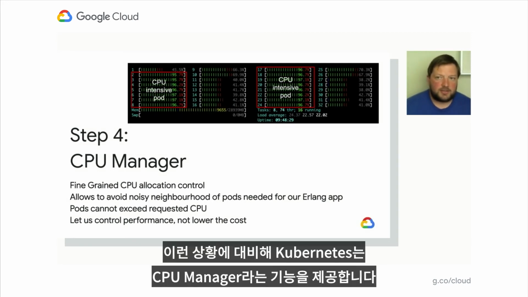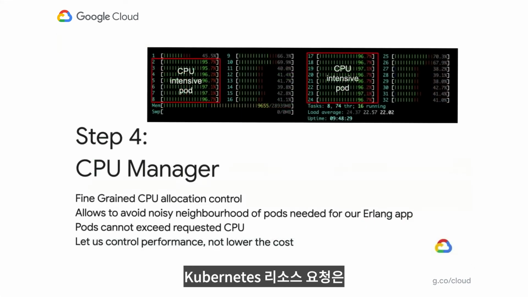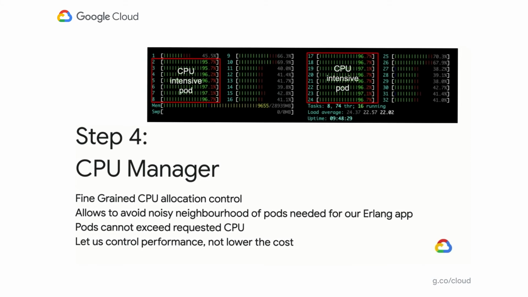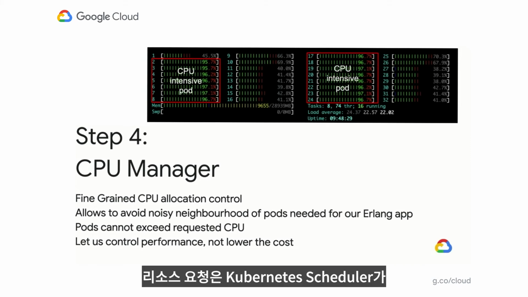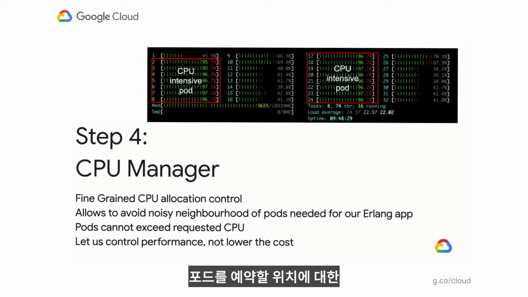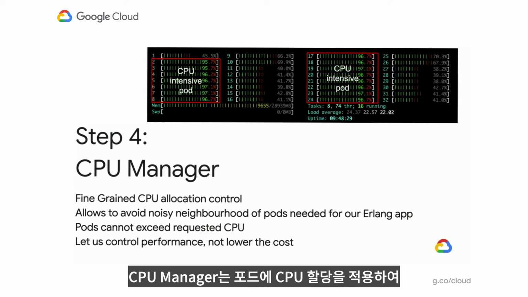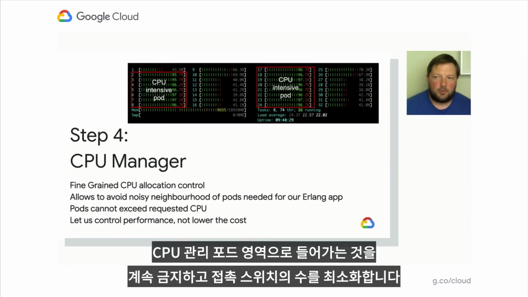For scenarios like this, Kubernetes has a feature called CPU Manager. It provides additional guarantees of CPU allocation on top of what Kubernetes resource requests are already doing. While resource requests are only used by the Kubernetes scheduler to make informed decisions on where to schedule pods, the CPU Manager enforces CPU allocation to the pod, continuously prohibiting all other pods from stepping into CPU managed pod territory and minimizing the number of context switches.